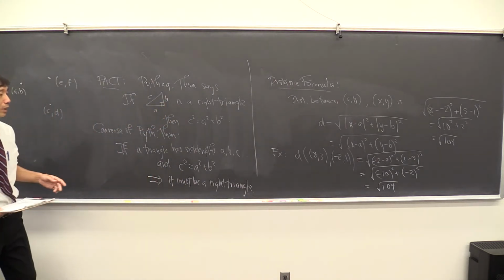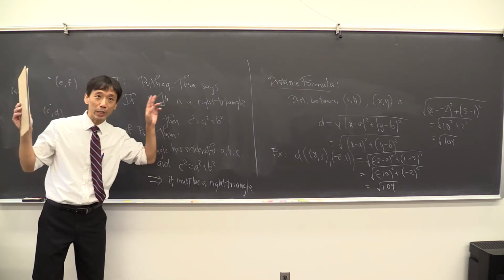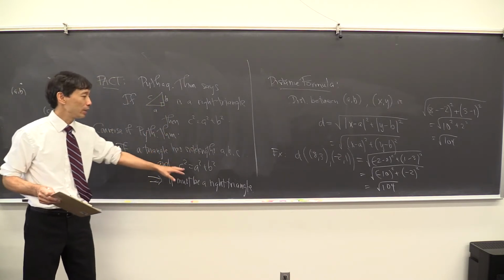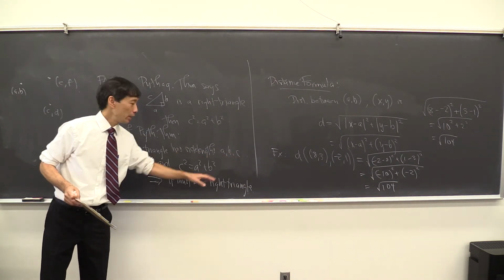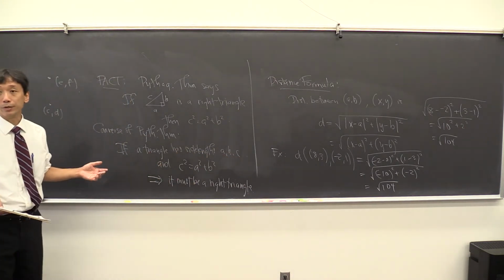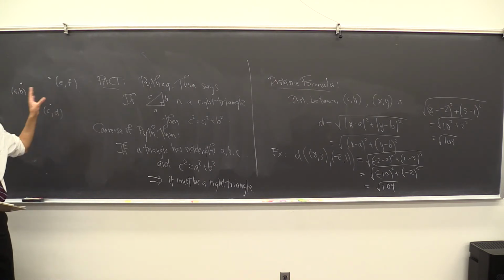So if the 3 numbers form what's called a Pythagorean triple, if the square of one is the sum of the squares of the other 2, then in fact it has to be a right triangle. You can use this fact to determine whether or not your triangles are right.